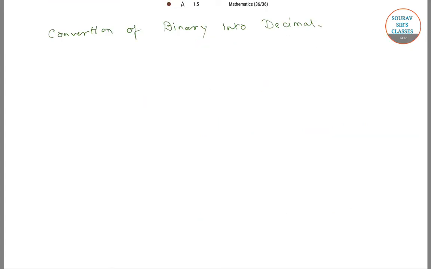Next is conversion of binary system into decimal. Now, binary system is also known as positional value system, where each binary digit has its own value or weight expressed as a power of 2.